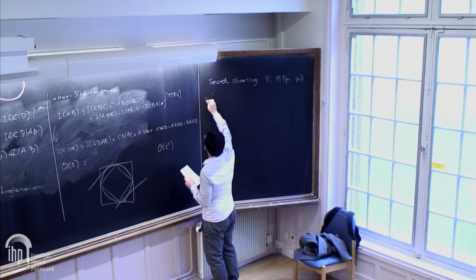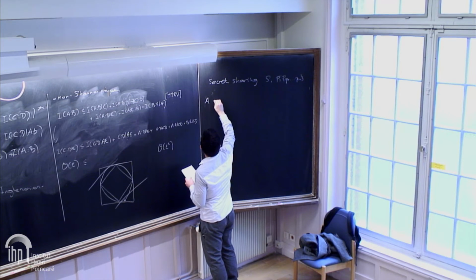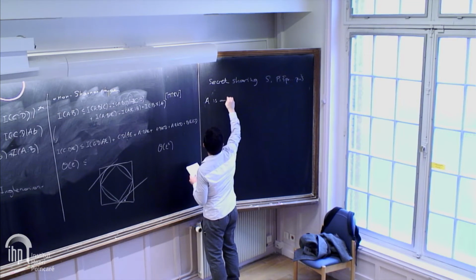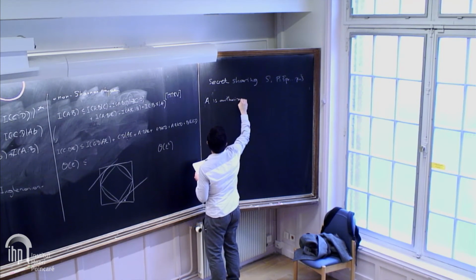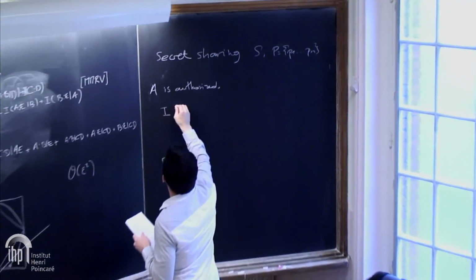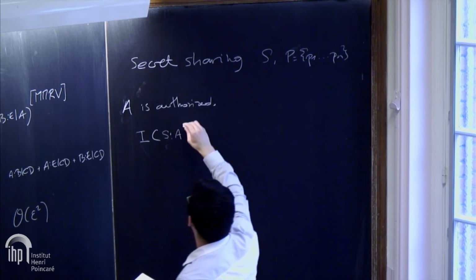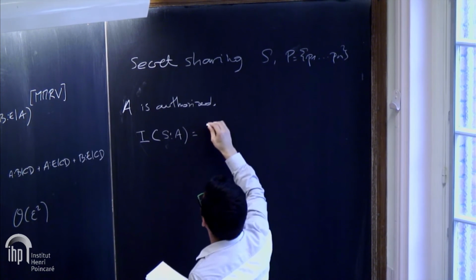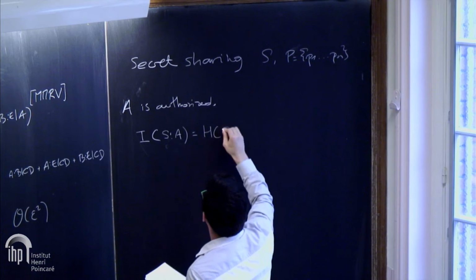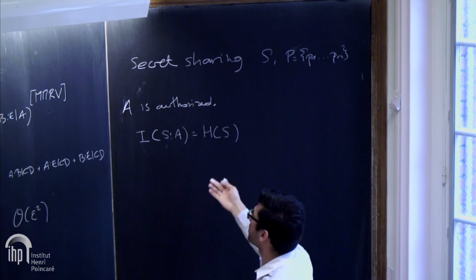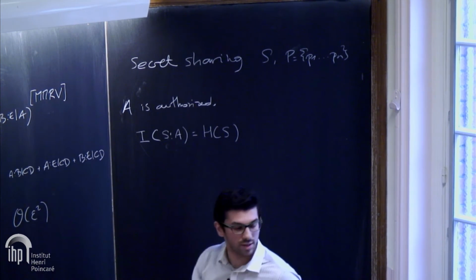So let's say that A is authorized, meaning A can get the secret. Then this can be modeled as the mutual information between S, the secret, and the subset A, is the entropy of S. So saying that A knows S, actually.